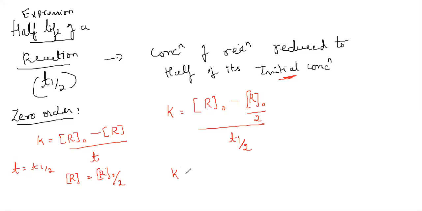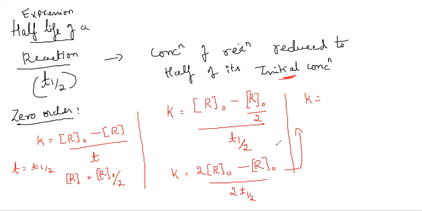Taking LCM here, k will be equal to (2 R naught minus R naught) by 2 t half. So k is equal to R naught by 2 t half.